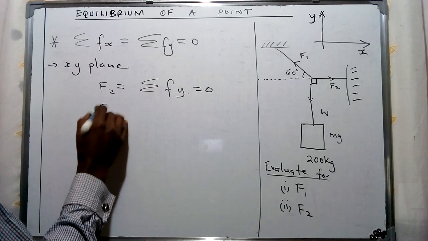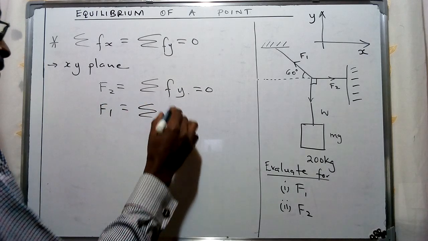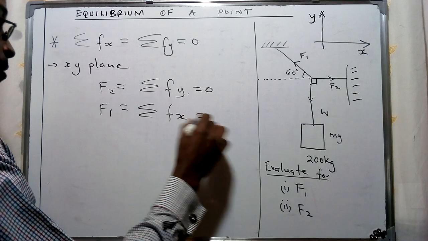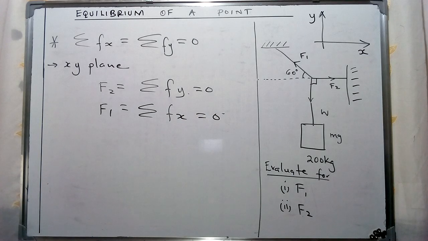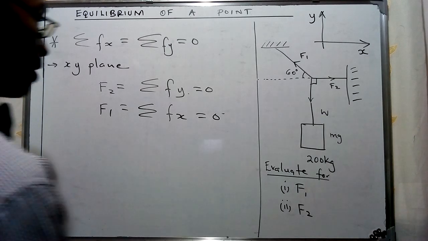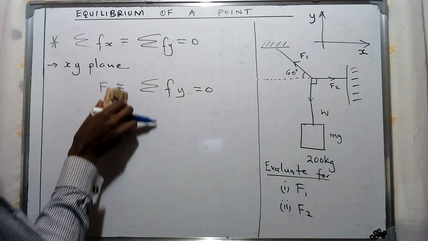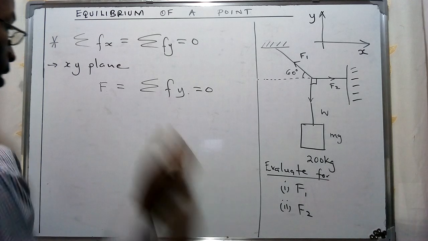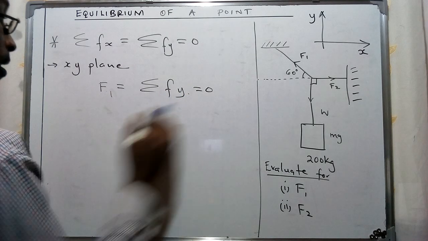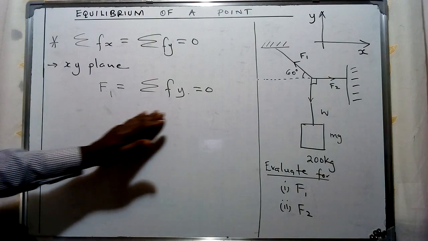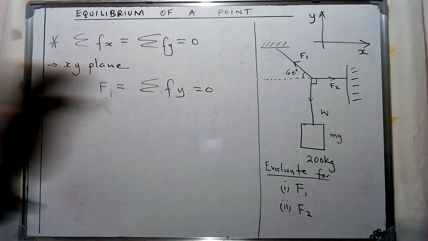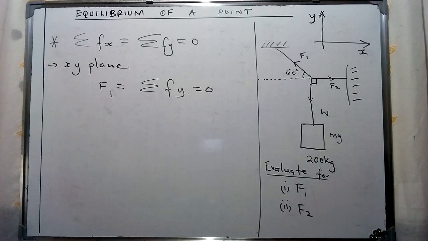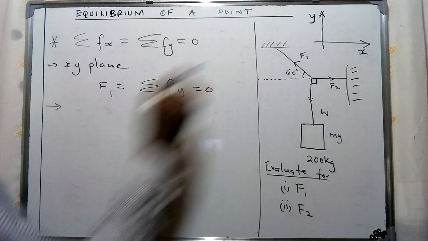And then we have F1 in terms of the summation of the Fx forces. So in this case, this is going to be creating confusion for us. So particularly, we can just start with this reference for F1, which is given as the summation of the forces along the X, and this is directed at this specific point. And therefore, we can evaluate the force in the Y direction in terms of this specific component.